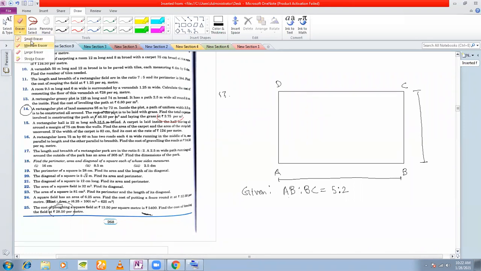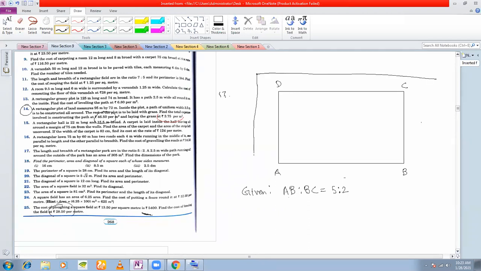Now this is just similar to the problem that I did, except that this path does not run inside, but actually runs outside. It means you have a path like this. You have a bigger rectangle outside, so that this shaded part becomes your path.